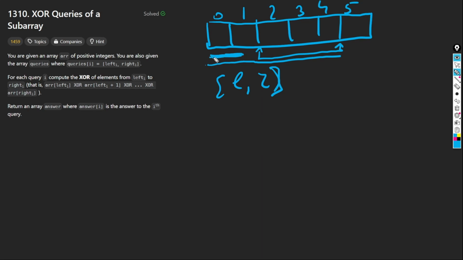If we subtract this part from the prefix sum from 0 to R, then this would leave us the desired range, L to R. So we have sum of L, R, which would be sum from 0 to R minus sum from 0 to L minus 1.